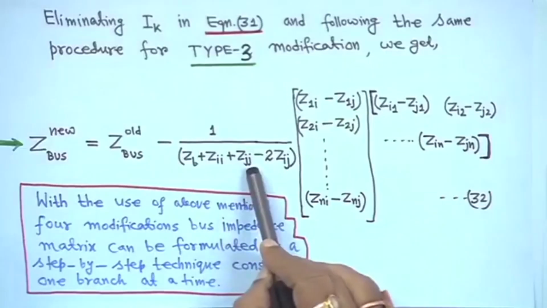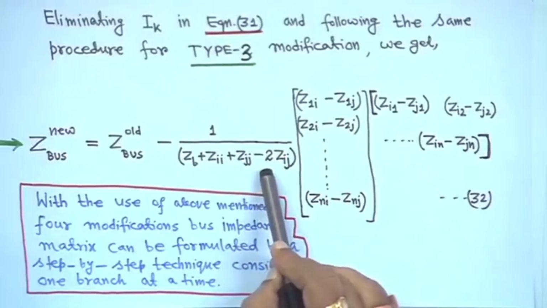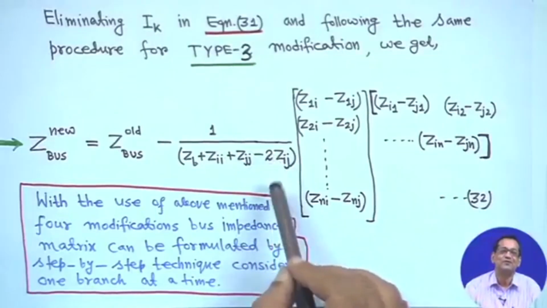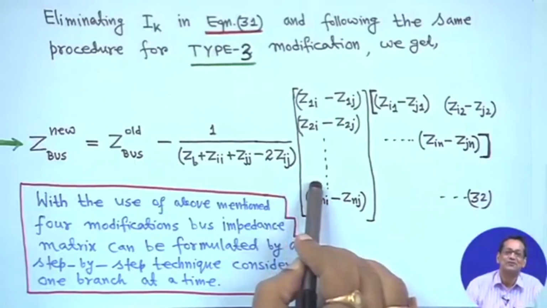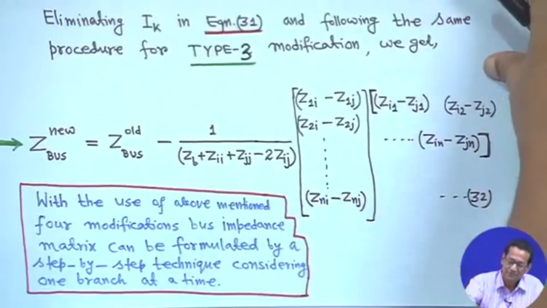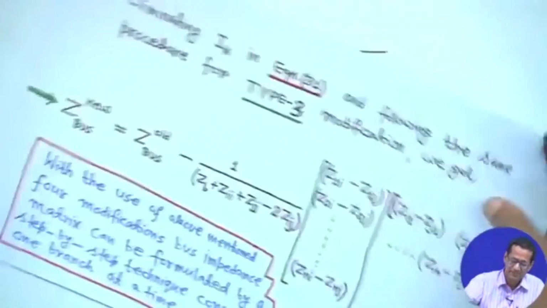Once a bus is already considered, that bus bar will be an old bus. This expression of type 3 and type 4 looks like a little bit of huge mathematics, but you have to do it in a systematic way. In any way, we will take a simple example.